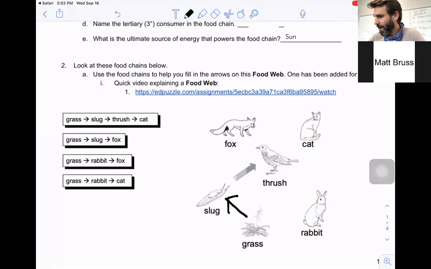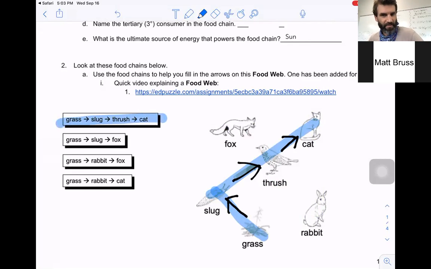Energy from the slug goes to the thrush. That arrow is already drawn for us. The thrush eats the slug, so energy goes that way. And then cats eat the thrush, so energy from the thrush goes to the cat. And from there, we have a nice little food chain that's represented right there. So pretty simple. We've just done one food chain.